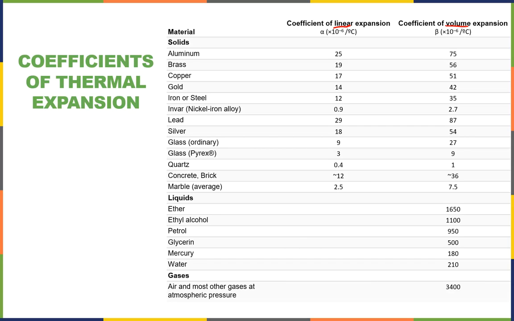What else could it have said and still been the same number? Per kelvin. Technically, we don't say degrees with Kelvin, but per kelvin. So when you read that, you don't have to use Celsius. You don't have to use Kelvin. You could use either one because it's a change in temperature. So it's going to increase by 17 millionths of its length if you increase its temperature by 1 degree Celsius. Not a very big amount, right?